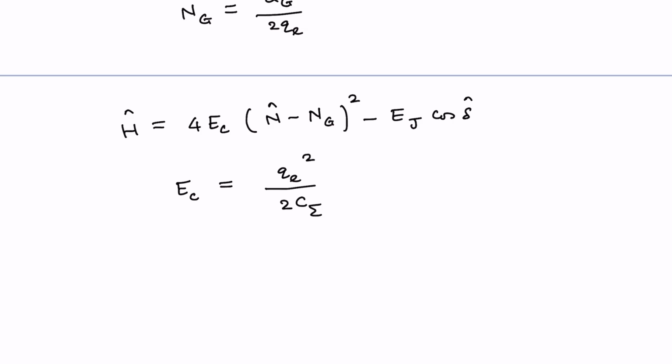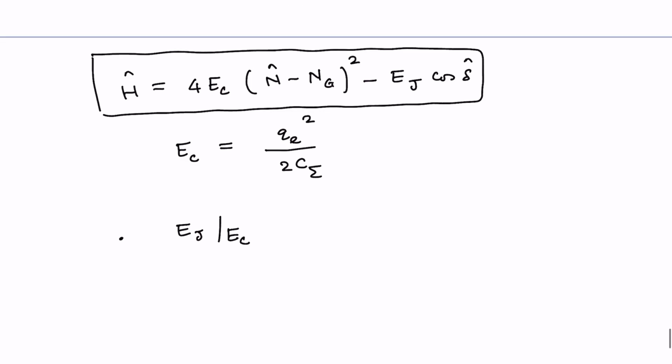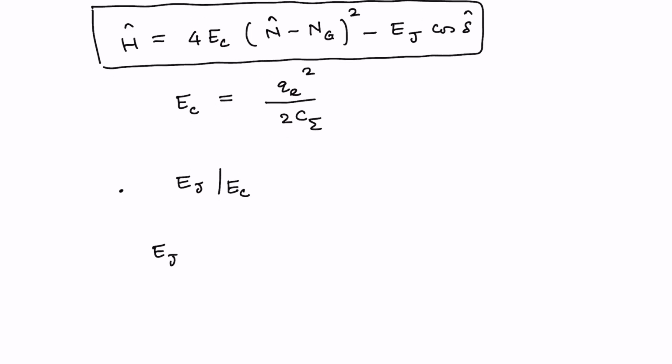Now, this particular Hamiltonian should remind you of the Cooper pair box Hamiltonian that we have discussed in earlier classes. In fact, indeed the Cooper pair box Hamiltonian is an example of a charge qubit Hamiltonian, and different types of charge qubits are distinguished by this ratio EJ by EC. In the case of the Cooper pair box, we had EJ by EC much less than 1.